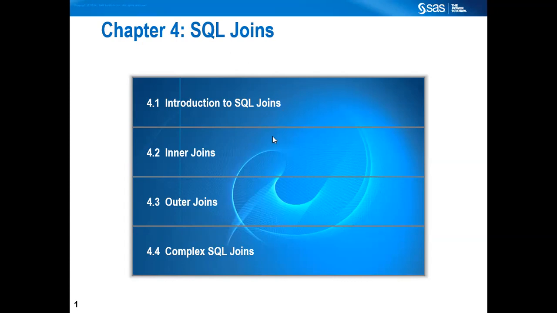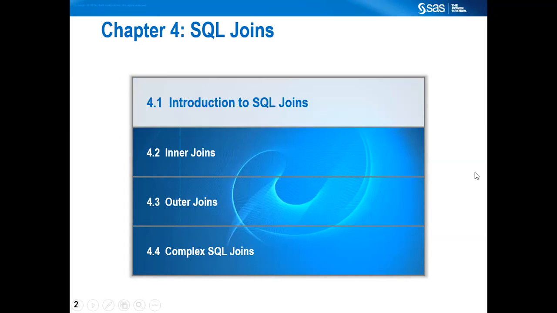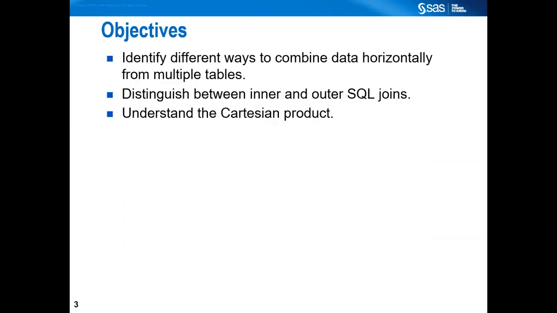But when you are working with joins, let's understand how the two tables are going to combine and what the various types of joining options are. The very first thing is the introduction to SQL joins. We'll identify different ways to combine data horizontally. Remember, a sideways join. It's the same thing as your data step merge, where you were joining the tables sideways, on the basis of rows, correct?